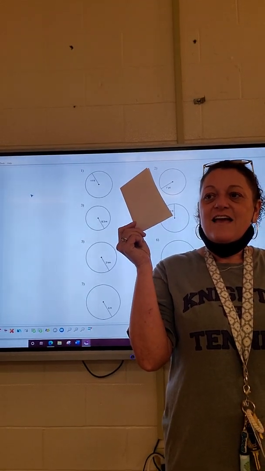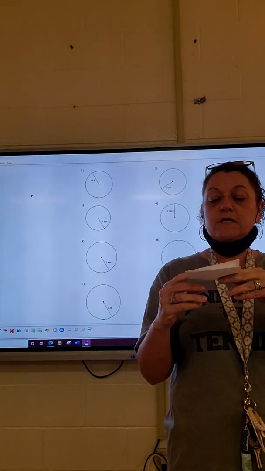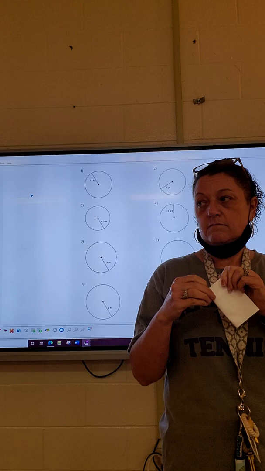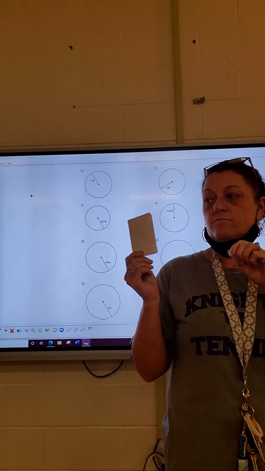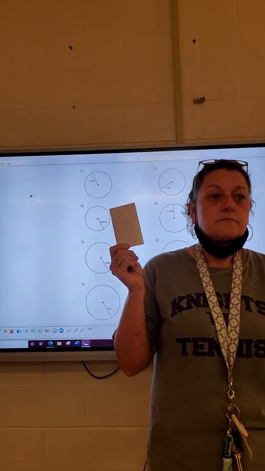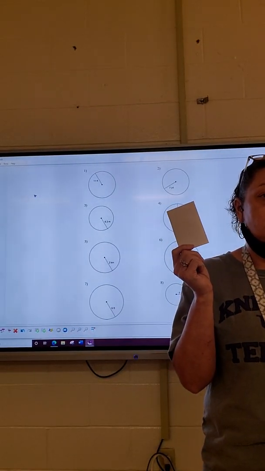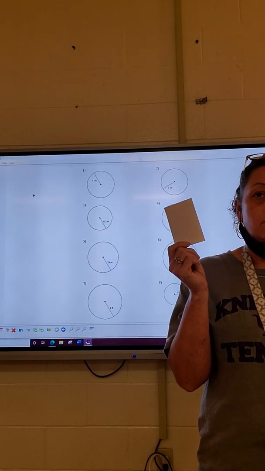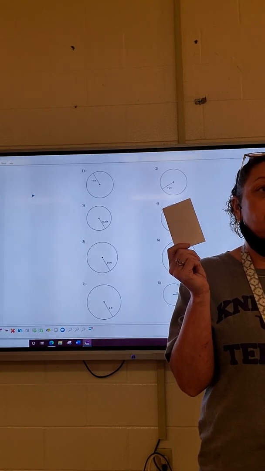And fold it one more time. Does it look like mine? How many times did you fold it? I folded it 3 times.